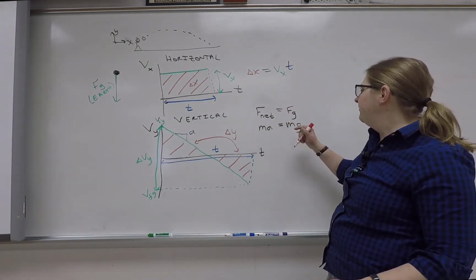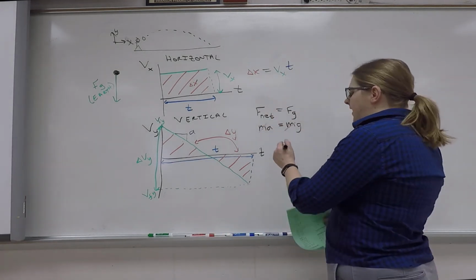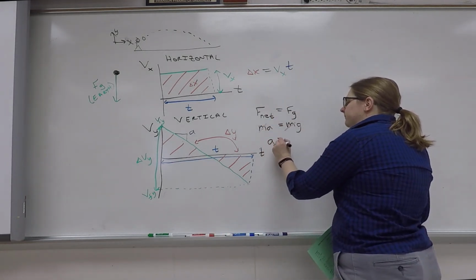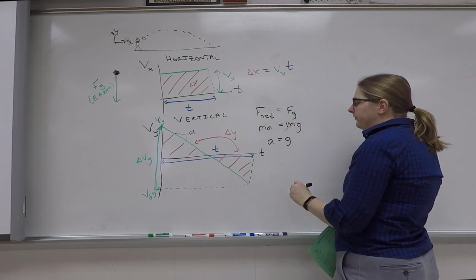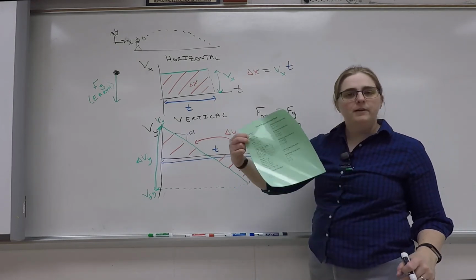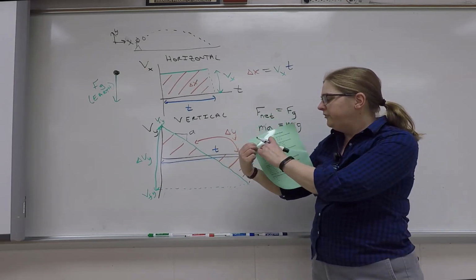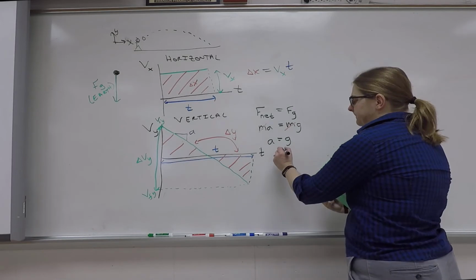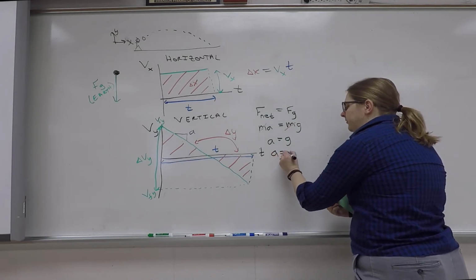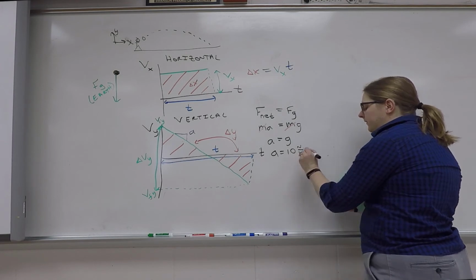Now, because this mass and this mass are the same thing, I'm going to have my acceleration equals g. Now, if you look near the top under constants on your green formula sheet, it has g equals 10 newtons per kilogram. So that means my acceleration is 10 newtons per kilogram.